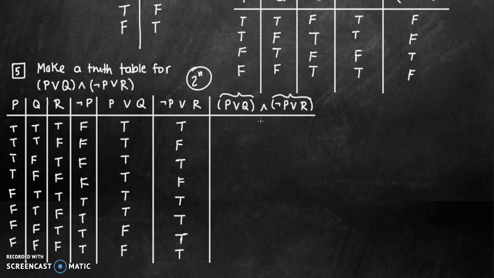So you have a true and a true, true; true and a false, nope, false; true and a true, true; true and a false, false; true and a true, true; true and a true, true; false; false. So now I hope that you have a better understanding of how to use truth tables and find logically equivalent statements.